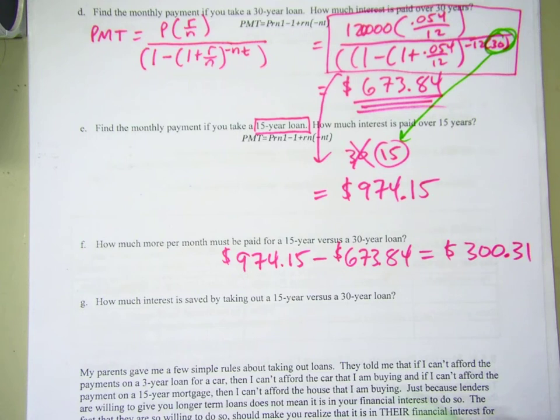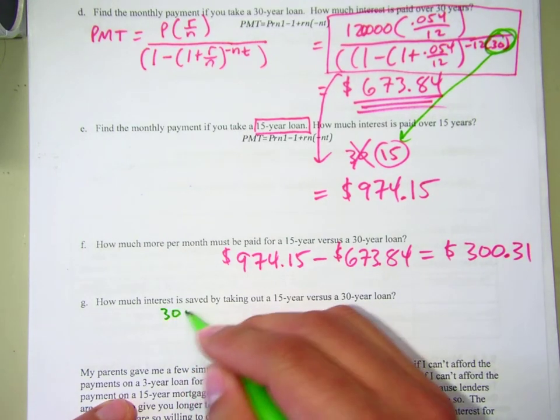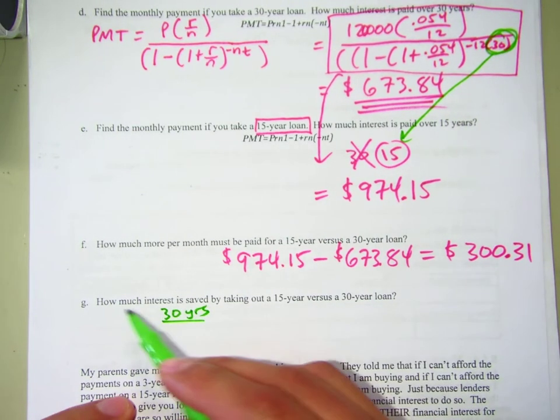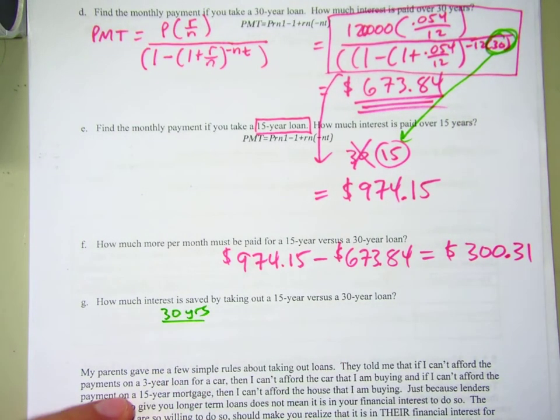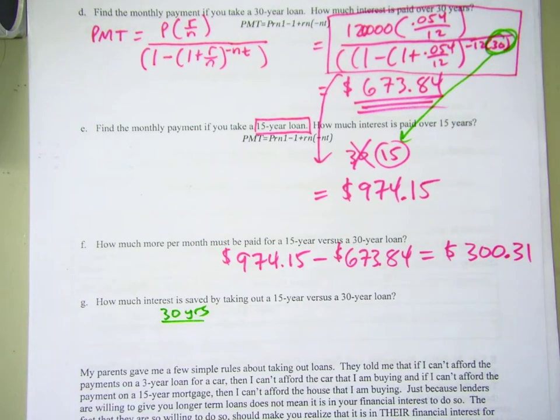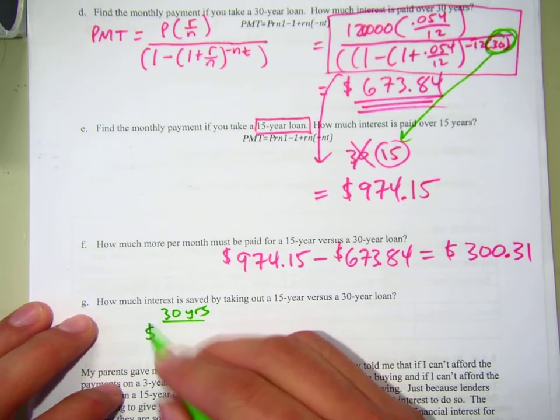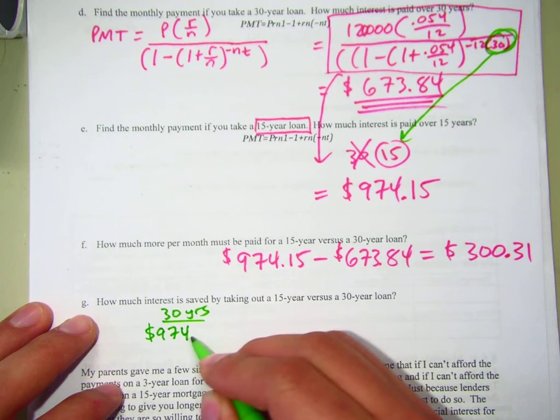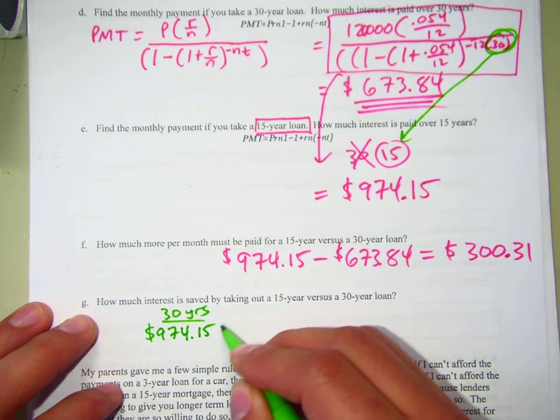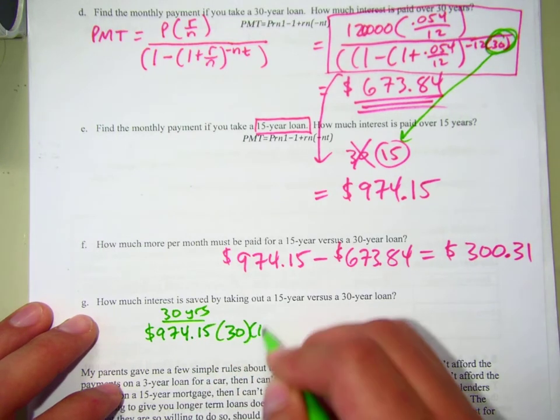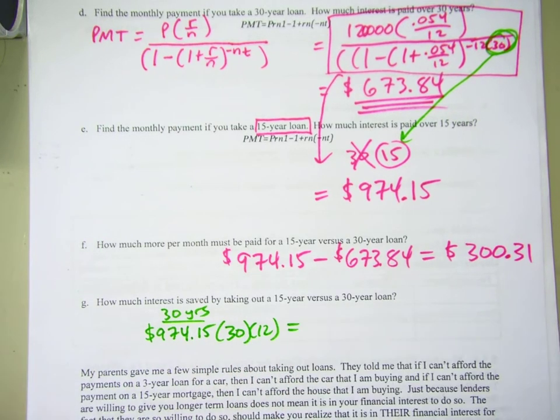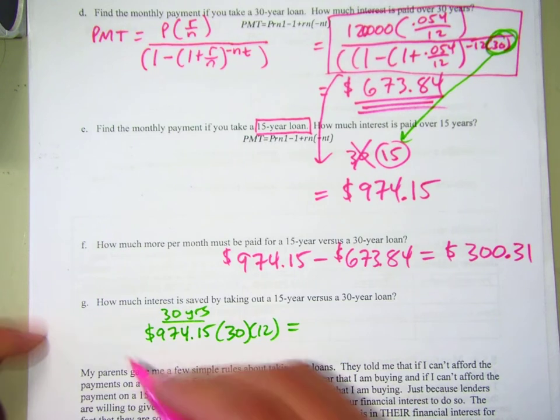So for 30 years, when we're asked how much interest is saved, we're going to just look at the grand total. How much money are we putting out there? So for 30 years, we're doing $974.15, 30 years, 12 months a year, right? So what's that going to be?